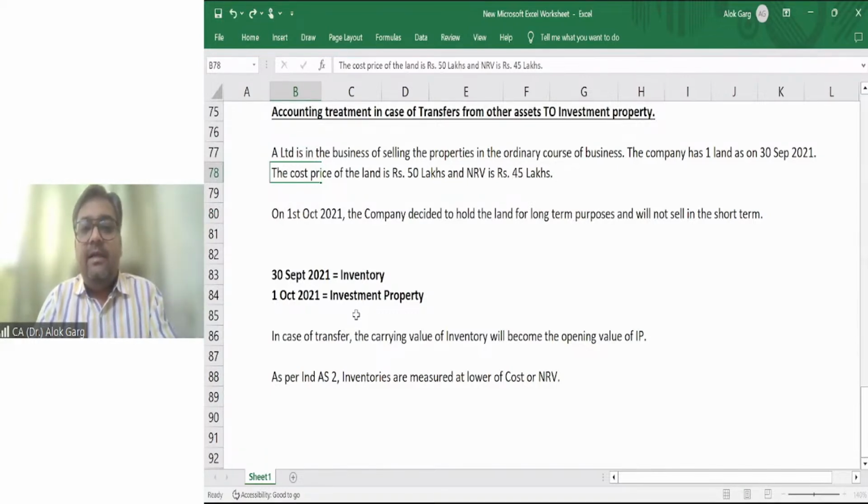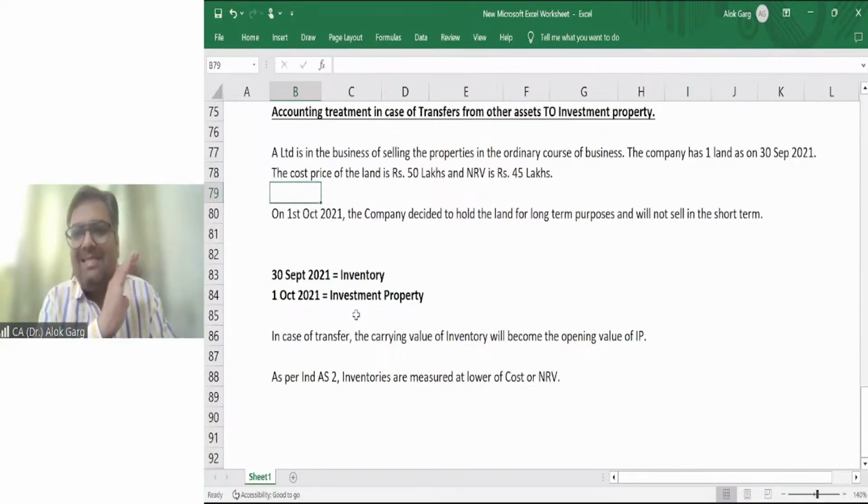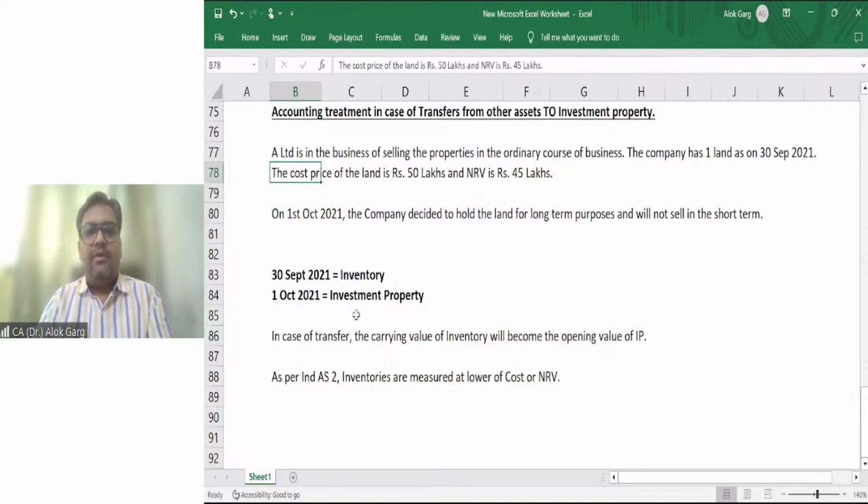Probably the company has purchased the land recently, and has also paid stamp duty. As of now, the price has not significantly improved. So if the company sells this land right away, it has to pay some taxes again, and the net realizable value has gone down by 5 lakh rupees. Net realizable value is your market value minus cost of transfer.